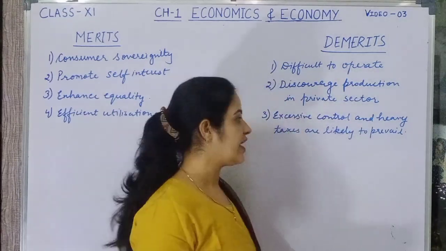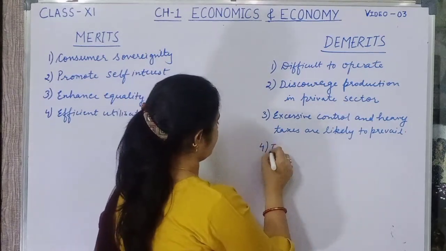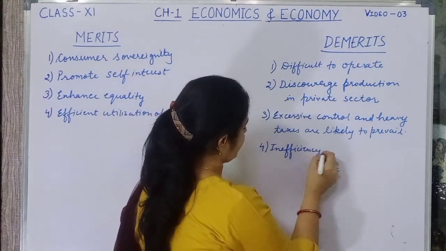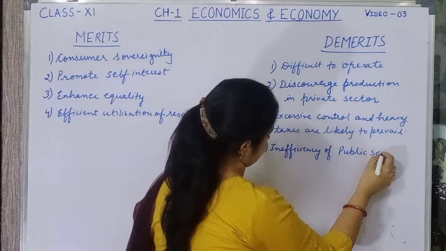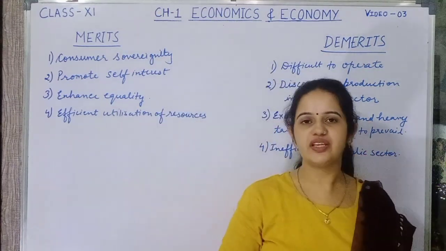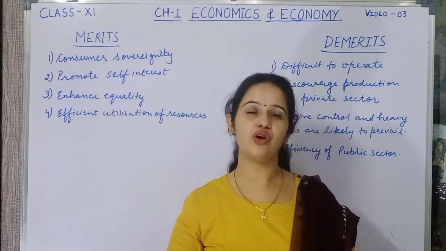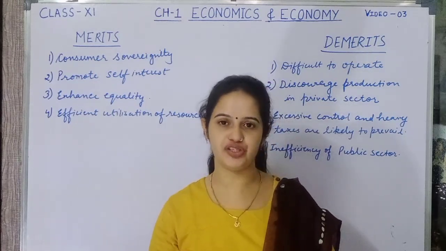Last point is inefficiency of public sector. In the mixed economy, you know that there is a lot of corruption in the public sector and public sectors are also inefficient.